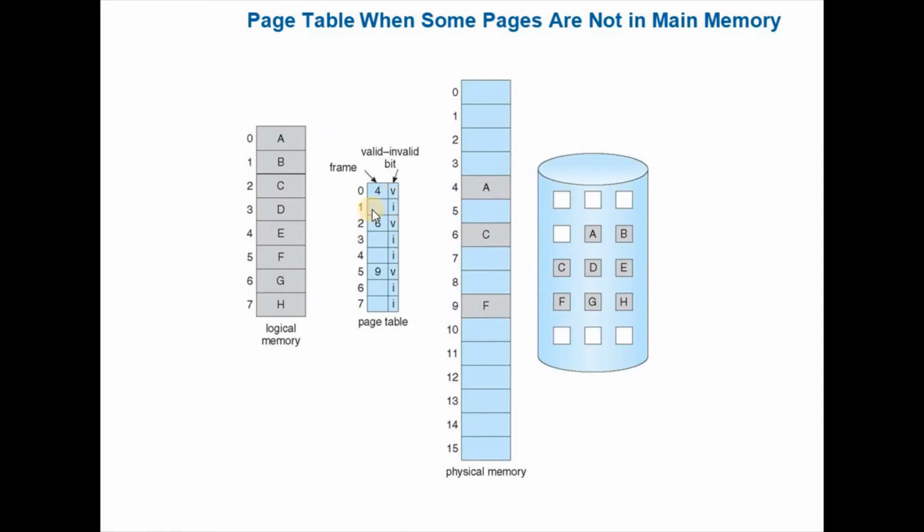So whenever the CPU requests the data of page B, it will be a page fault. So the system needs to copy this B to some physical memory location and update this page table accordingly.